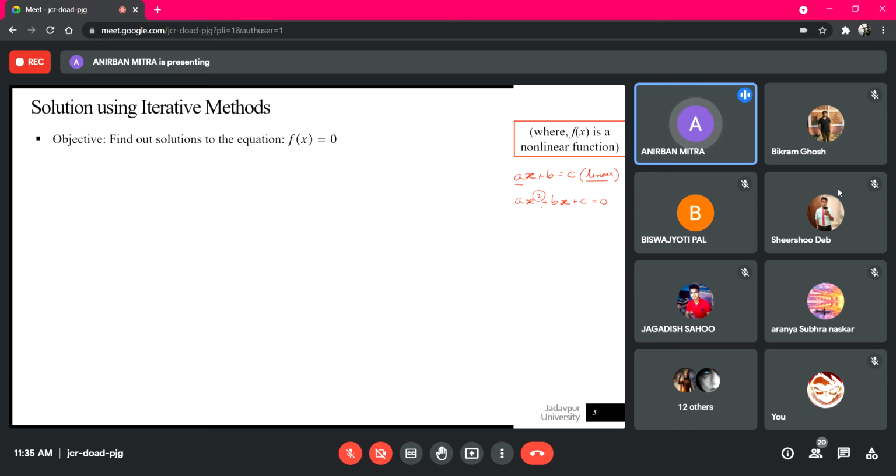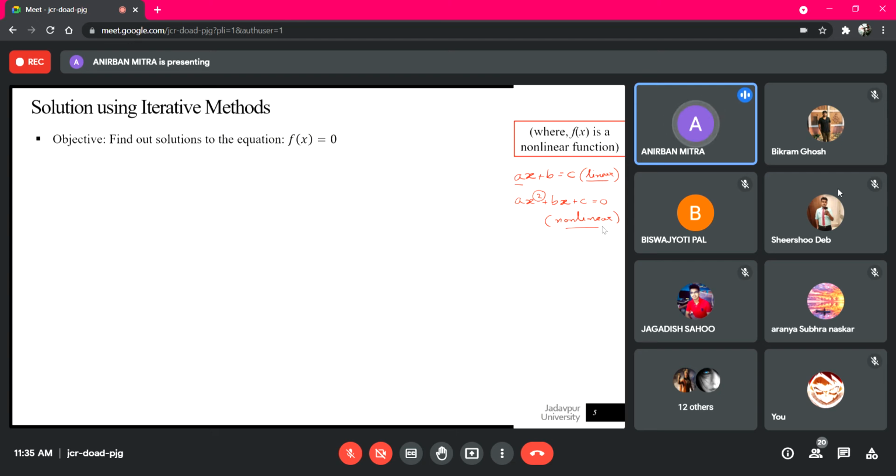The x squared term is there, so this is nonlinear. You can define this as an expression or an equation having powers of x more than 1 and or having coefficients of x which are functions of x.